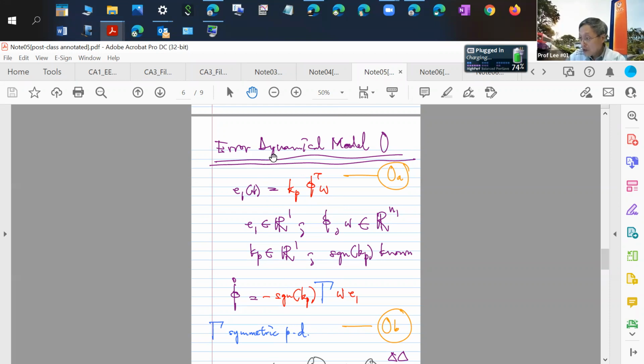E1 going to 0 is guaranteed out of your analysis. All your omega signals are measurable signals generated by you. When E1 goes to 0, the only thing you can say is that phi transpose omega goes to 0. That's the only thing you can say. There's nothing you can say about phi going to 0, even in this simple one.